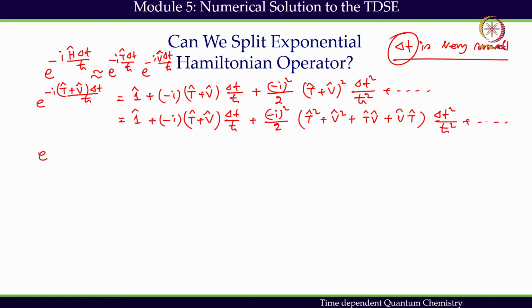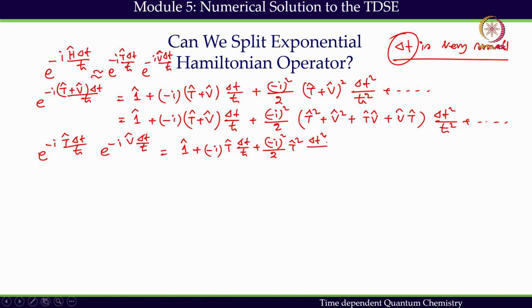On the other hand, if I try to express this in product form, e to the power minus i t delta t by h cut times e to the power minus i v delta t by h cut, then I will be able to write down 1 plus minus i t delta t by h cut plus (minus i) square by 2 t square delta t square by h cut square.